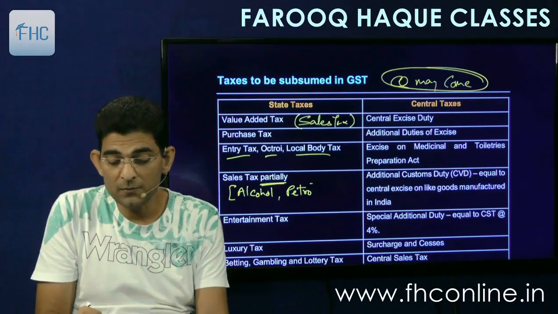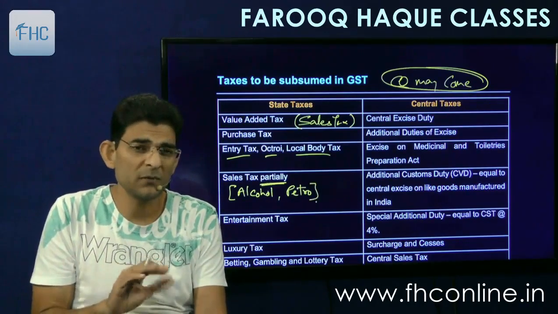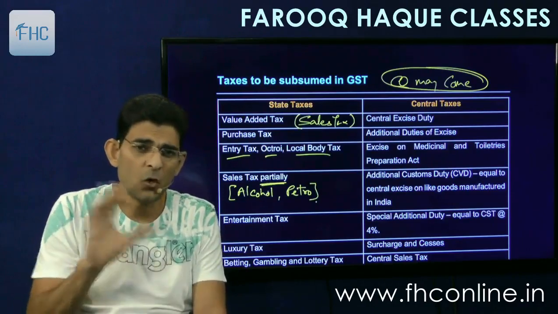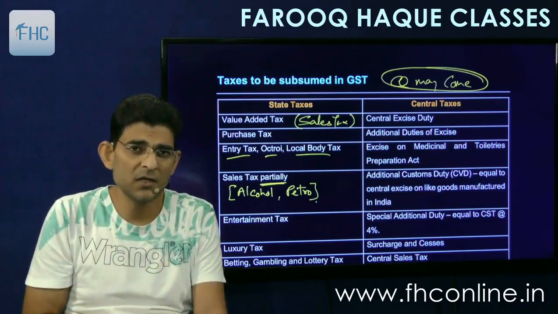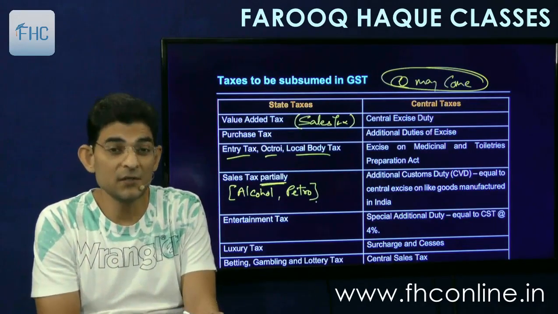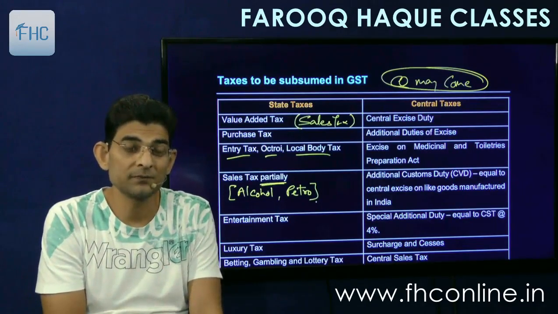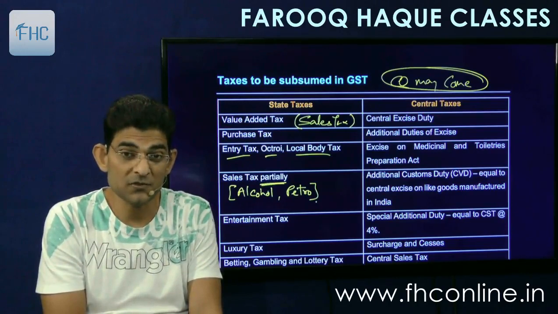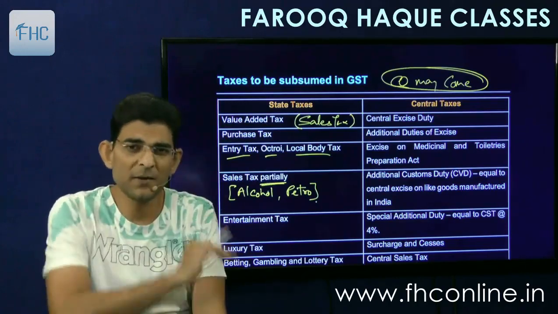So petro items are left out right now. Petro items will be covered later on, but alcohol will never be covered in GST. There is no intention to cover alcohol in GST. So sales tax will continue to apply on these goods. These are exceptions. Otherwise all other goods are covered by GST.